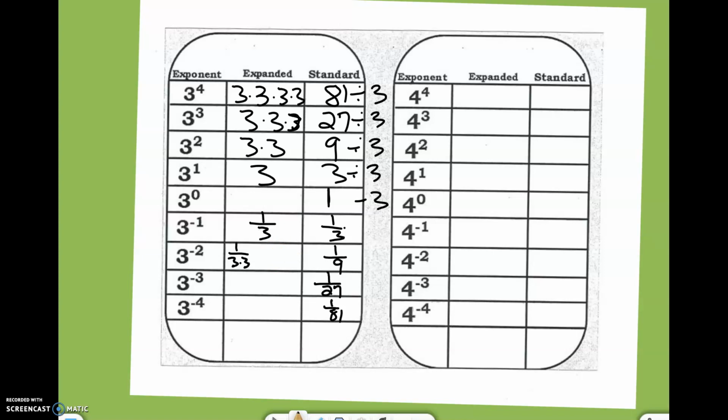It's only 2 of them. 3 times 3 is 9, or 3 squared. That would be 3 threes, or 3 cubed. That would be 4 threes, or to the 4th, right?